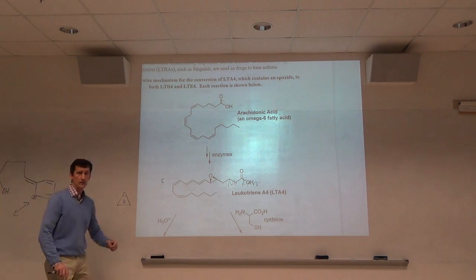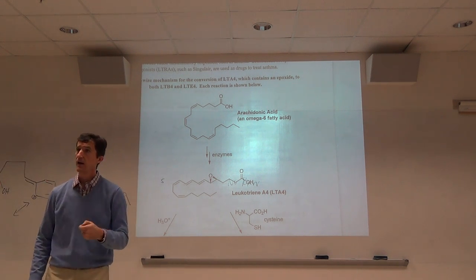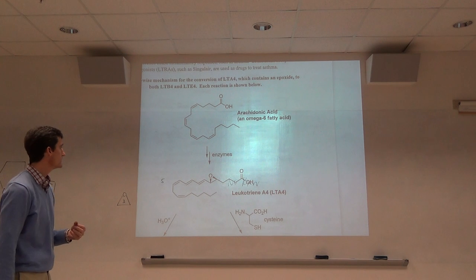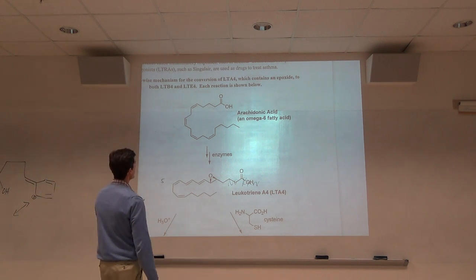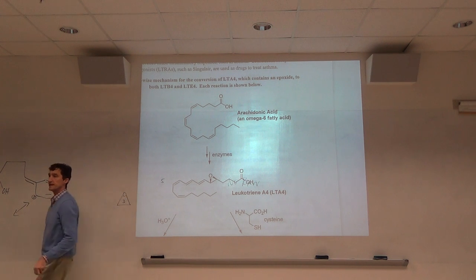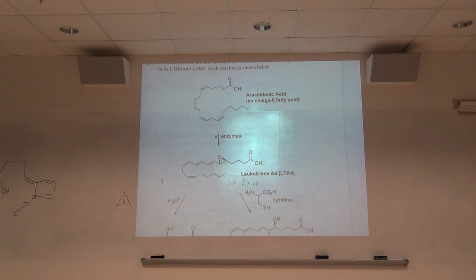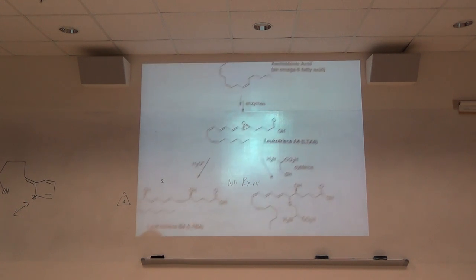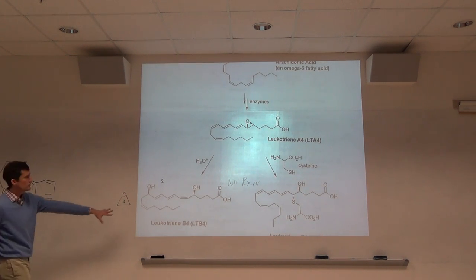Epoxides actually occur, you see them in biochemical pathways. For example, here, you're making leukotrienes that lead to asthma responses. And drugs like Singulair inhibit leukotriene synthesis. Here are some leukotrienes.